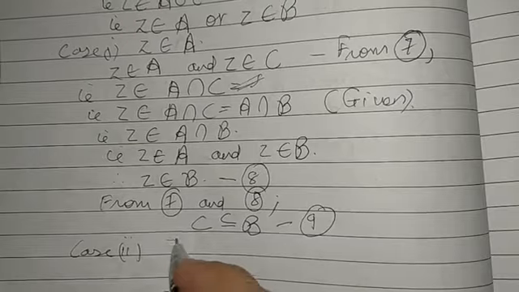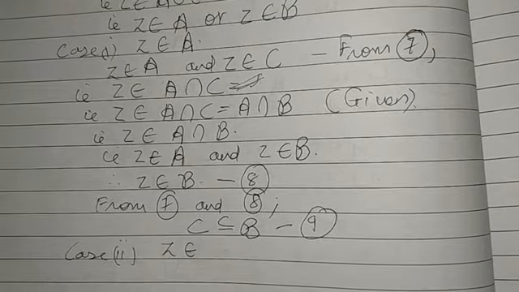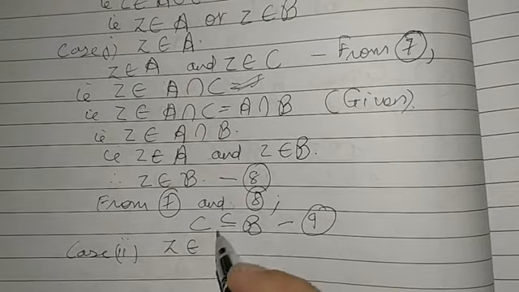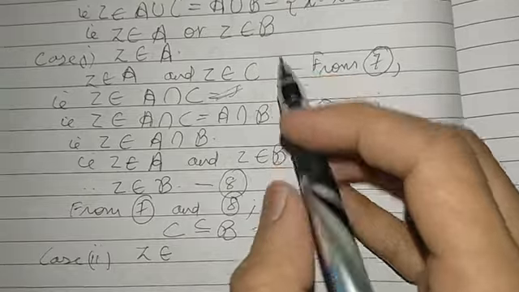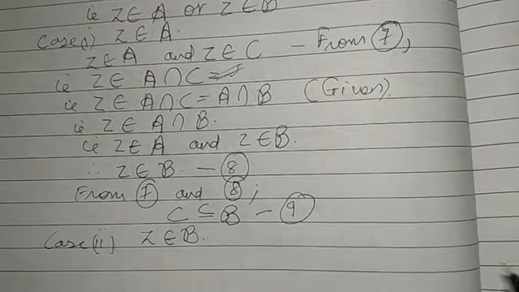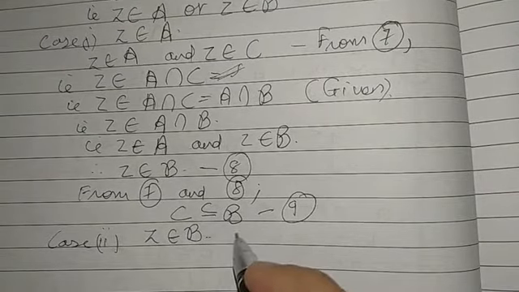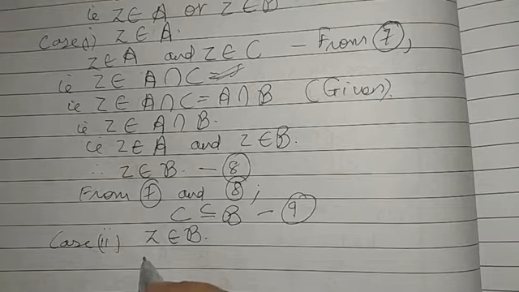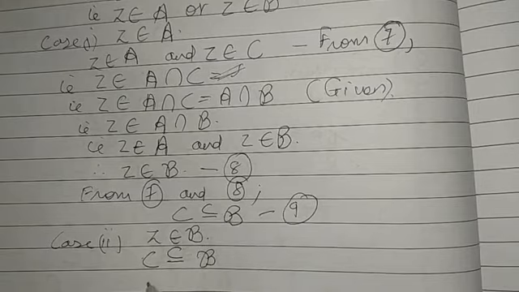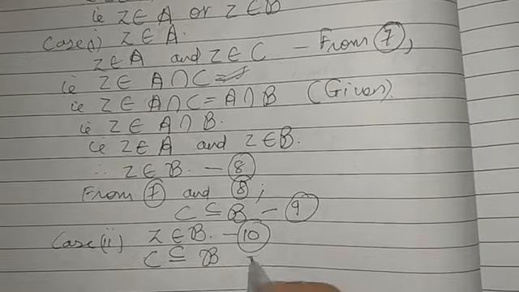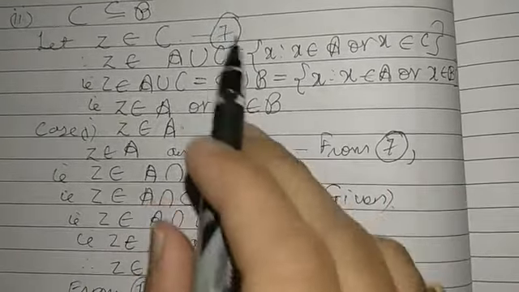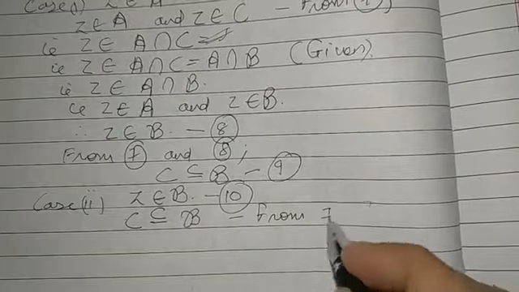Similar steps that you have done for the first, that is B is a subset of C, you have to do here. So case 2 will be Z belongs to B. Now from here we have again C is a subset of B. If we call this 10, we get this from 7 and 10.